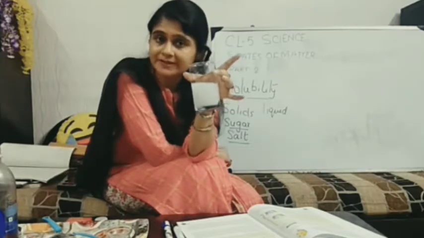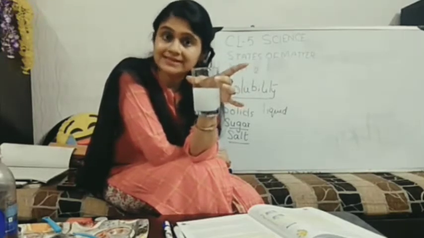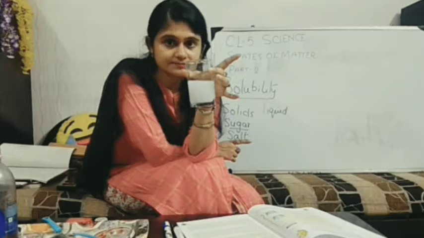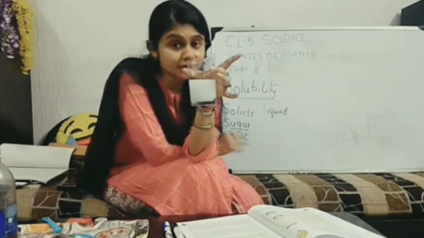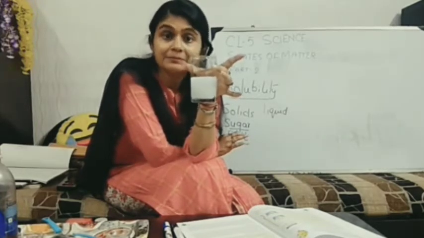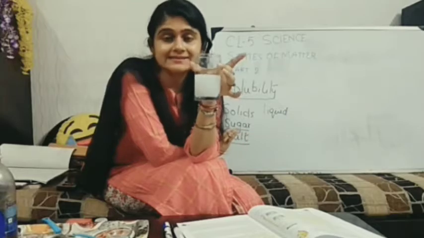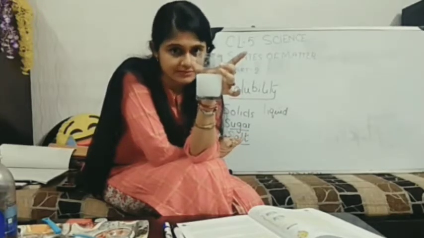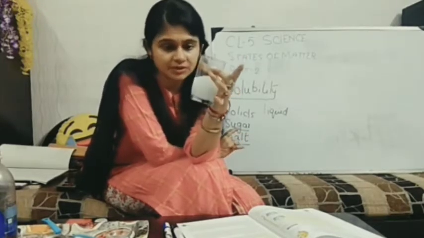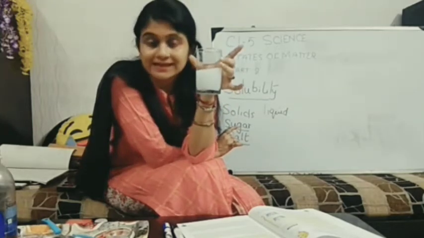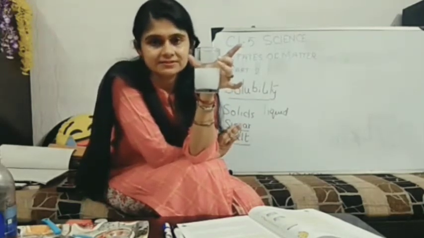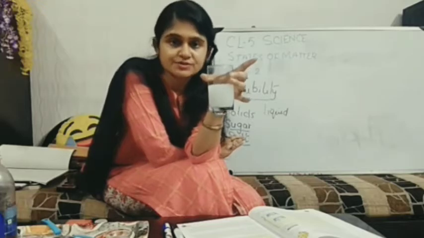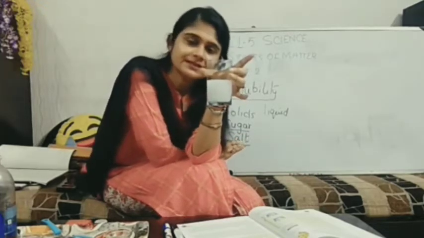So water, playing the solvent role, dissolves the solute, right? Now in liquid, when we talk about liquid, milk gets dissolved in water. Okay, milk is getting dissolved in water. So we get this, and it happens easily. In the same way, if you take any fruit juice, it will get dissolved.